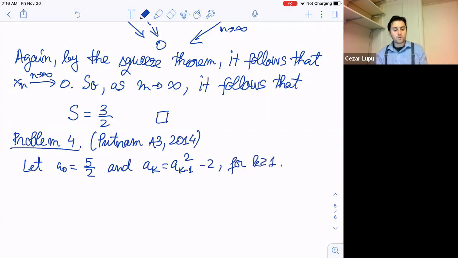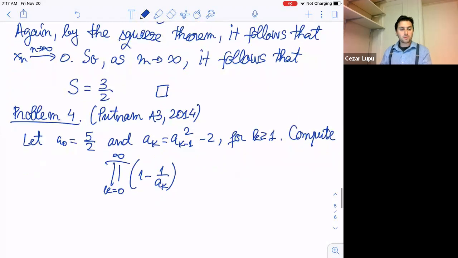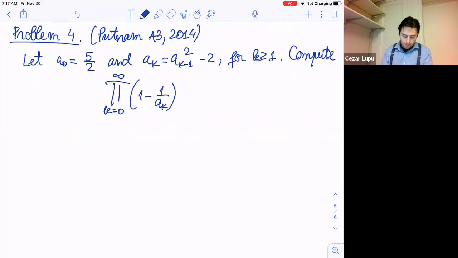And now, again, we would like to compute the sum of the series. So compute this guy here, this infinite product, in closed form.